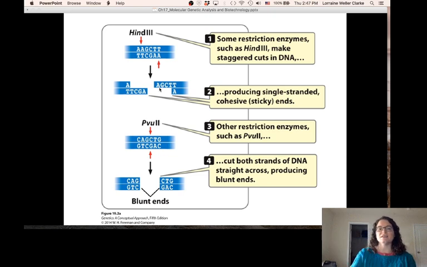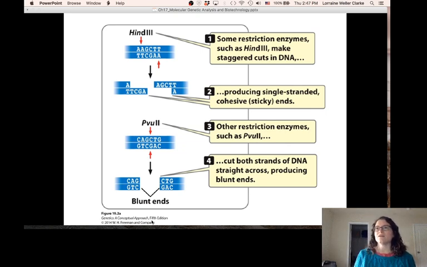To make sticky ends, you have this AAGCTT. Note the back and forth here, okay? If you have a back and forth, it cuts at two segments in different parts. When it cuts, it leaves the sticky ends. Okay, some restriction enzymes cut both strands straight across, producing blunt ends.